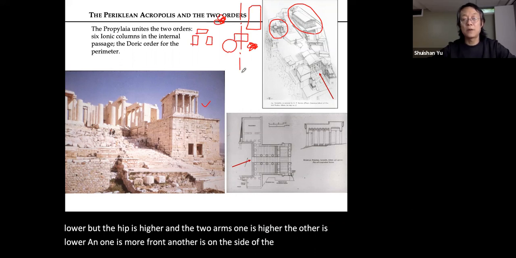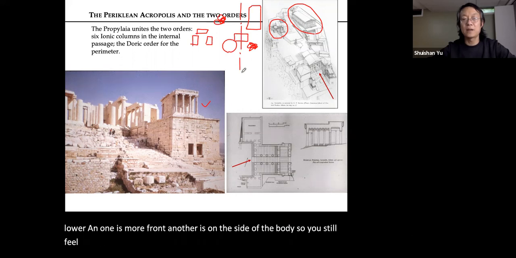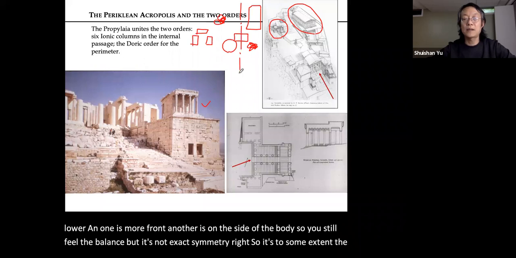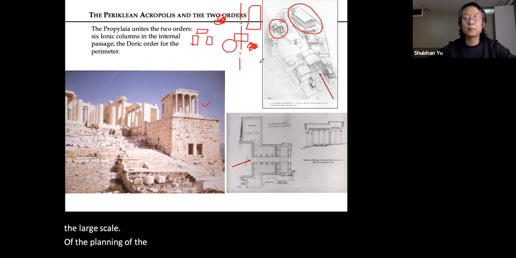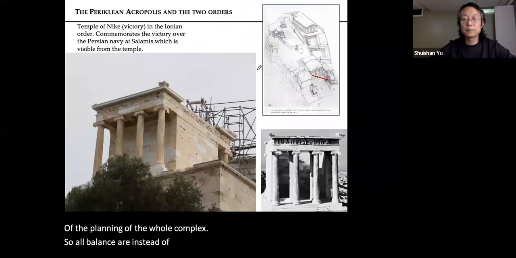So you still feel the balance, but it's not exact symmetry, right? To some extent the same principle of contrapposto in classical sculpture was applied to the large scale of the planning of the whole complex. So all a balance instead of perfect symmetry.